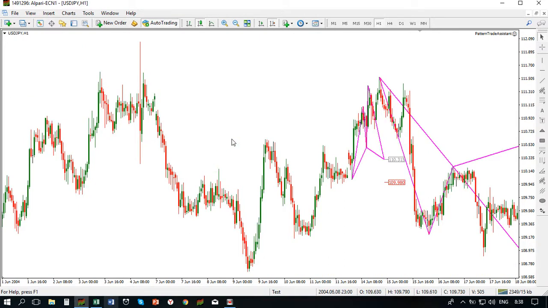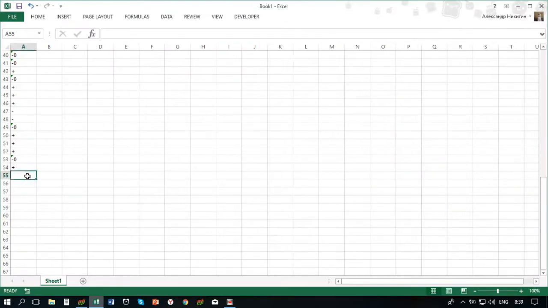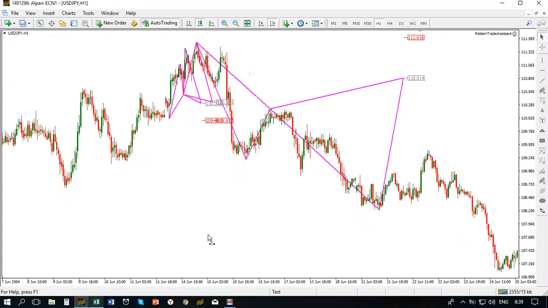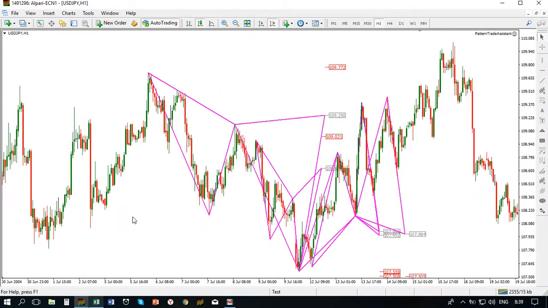Another cipher needs to be checked because the C point was exceeded. C to D. Yes, it was valid, but it hit stop loss before. Nothing here. Oh, I need to check them all.